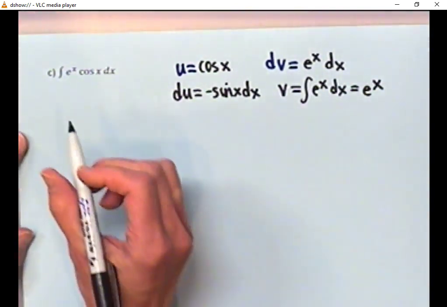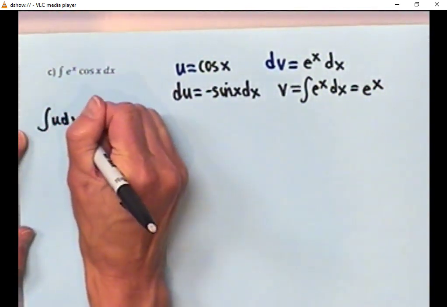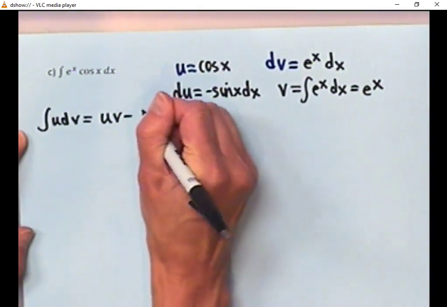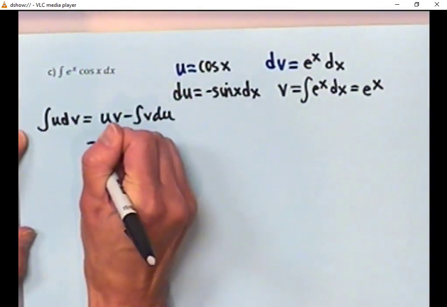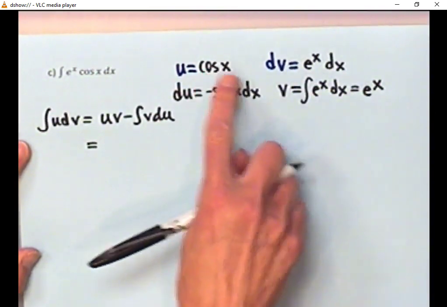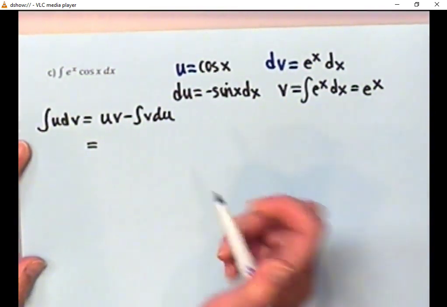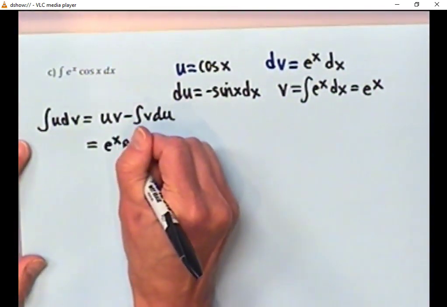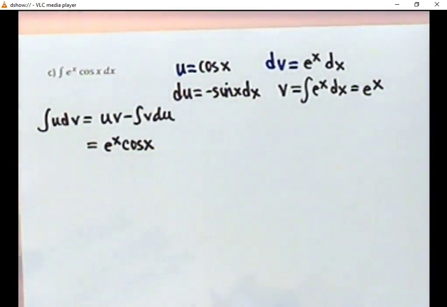Okay, so following along in our formula, then we're going to fill in the uv minus the integral of v du. So let's fill that in. So I'm going to have uv, I'm going to put the e to the x in front. So it's going to be e to the x and a cosine of x. The order doesn't matter, but e to the x will be with cosine of x.